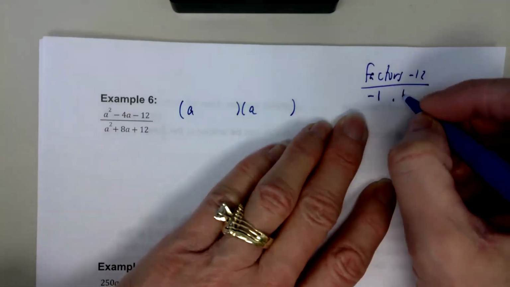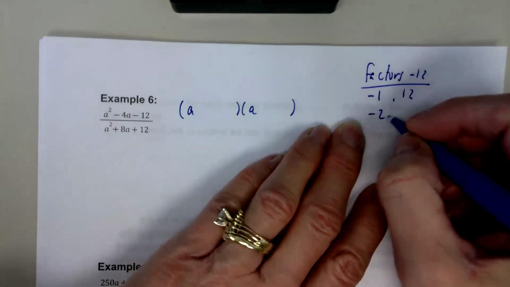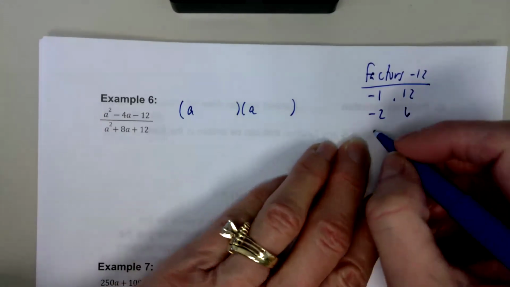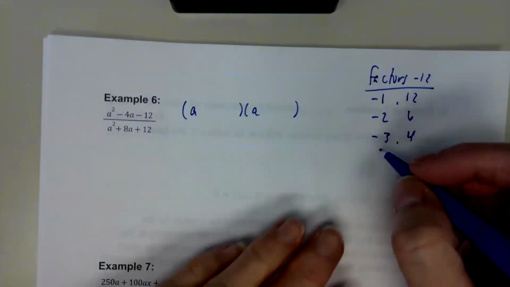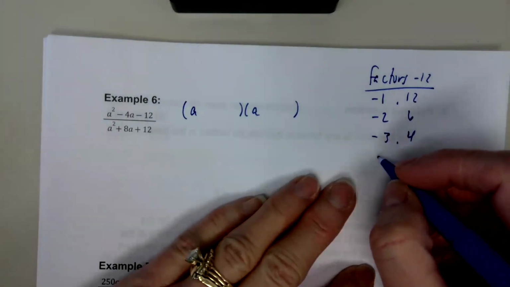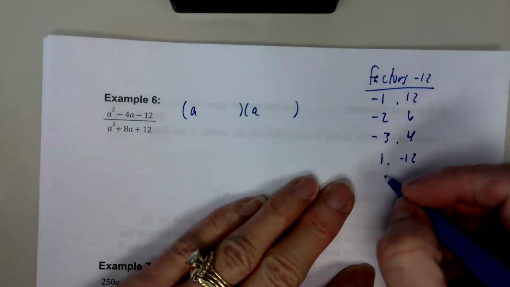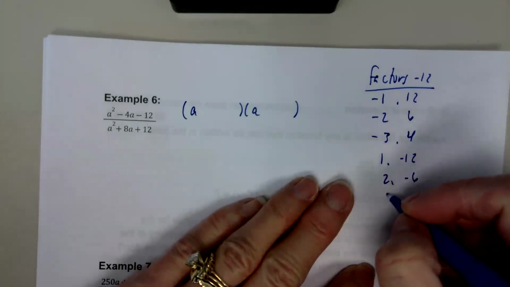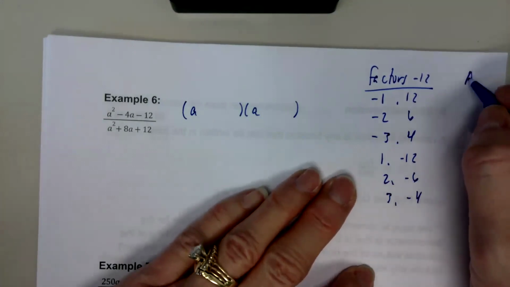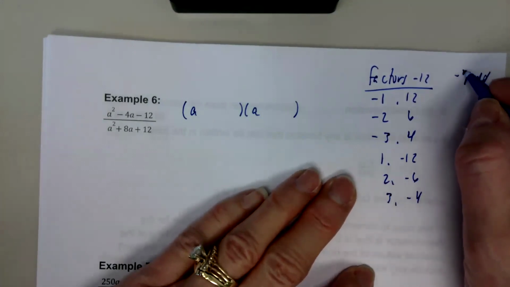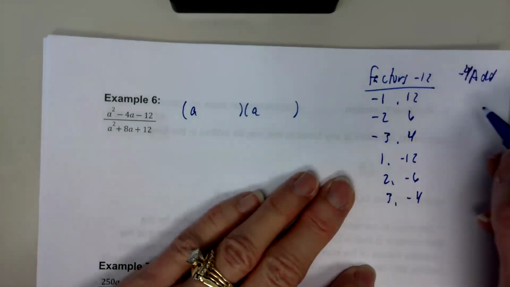I have a negative 1 and 12, a negative 2 and 6, a negative 3 and 4, and then I have the flip, right? I have 1 and a negative 12, 2 and a negative 6, and 3 and a negative 4. And when I add them, they need to make a negative 4.